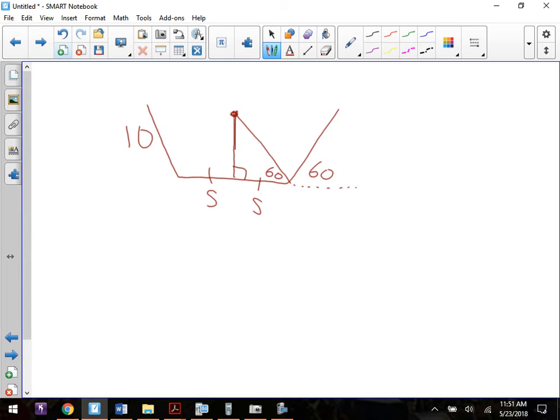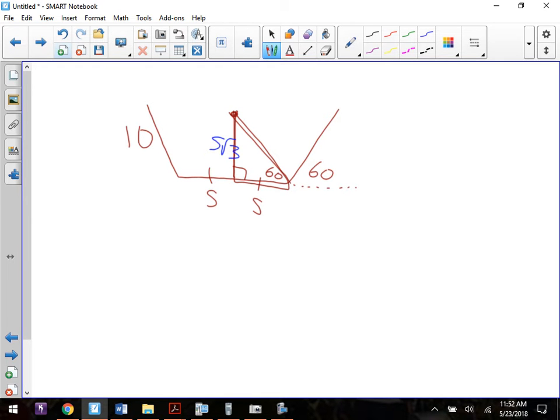Now you've got a 30, 60, 90 triangle that you can use, or if you want to use trig to figure out the apothem, that's fine as well. If you use the 30, 60, 90, we know that across from the 30 is equal to 5, which means across from the 60 would be 5 root 3.